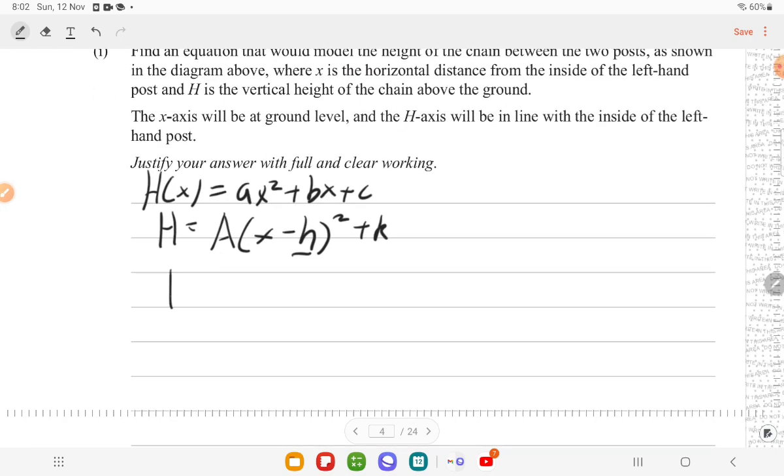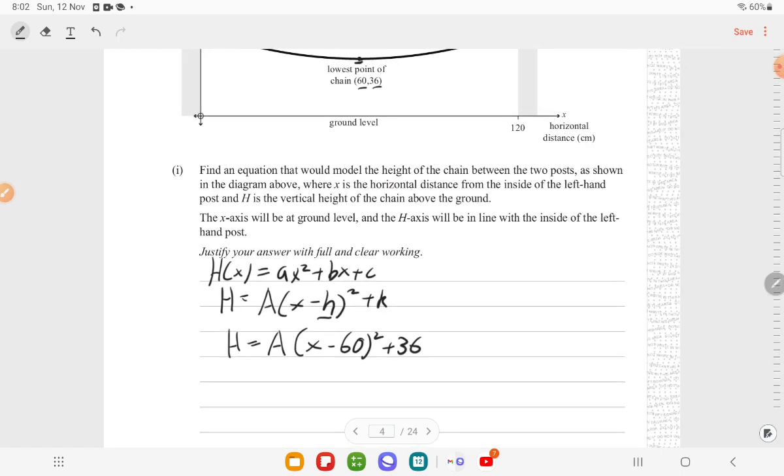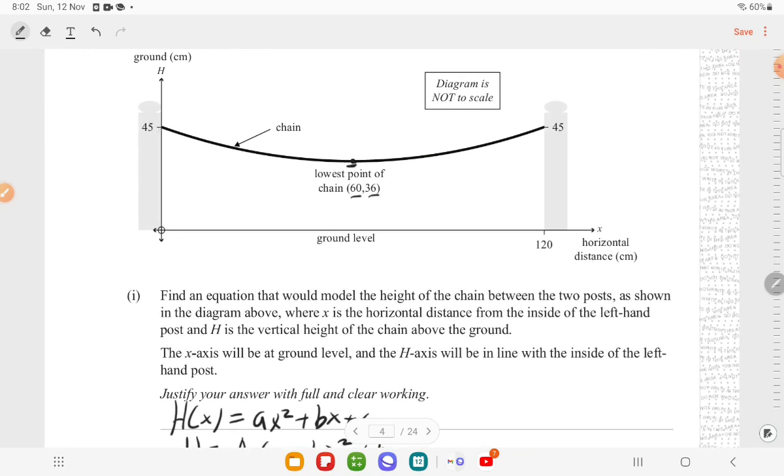So h is equal to a constant times (x take away 60) squared plus 36. To figure out the constant, we can plug in this point 0, 45.